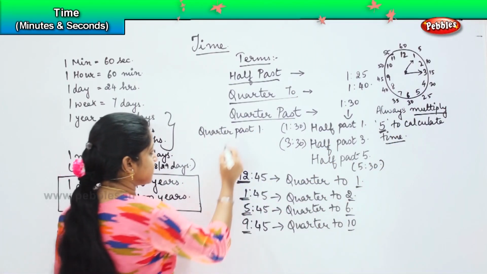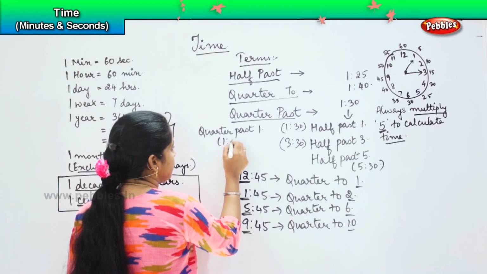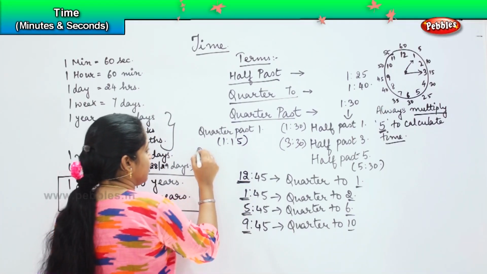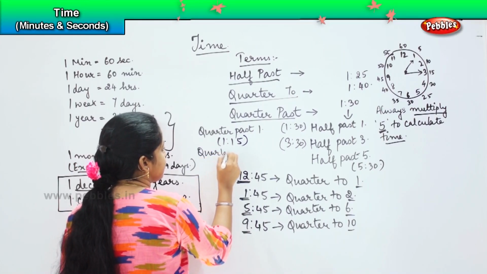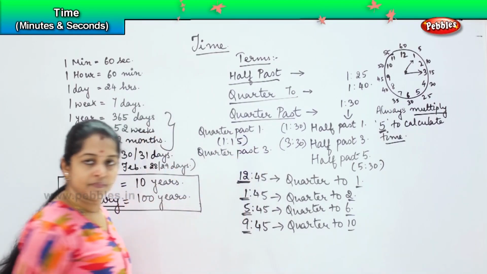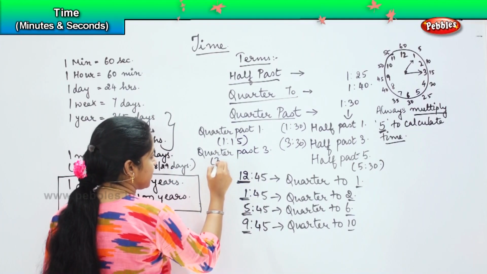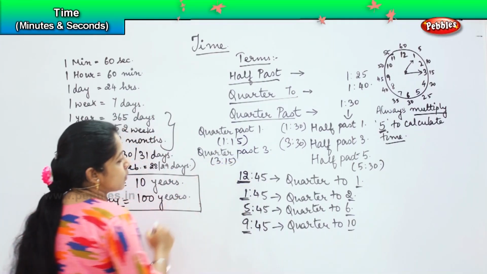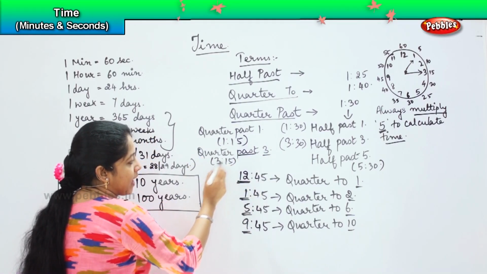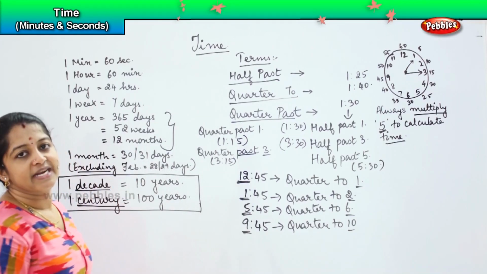So, quarter past 1 is nothing but 1:15. Say if I say quarter past 3, it means it is 3:15. So whenever you see the words quarter past 3, it means you have to add 15 minutes extra to the given number.